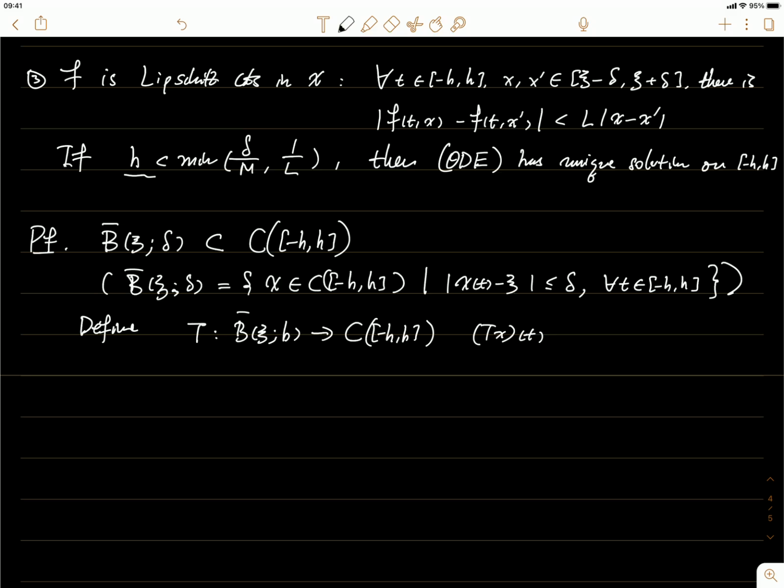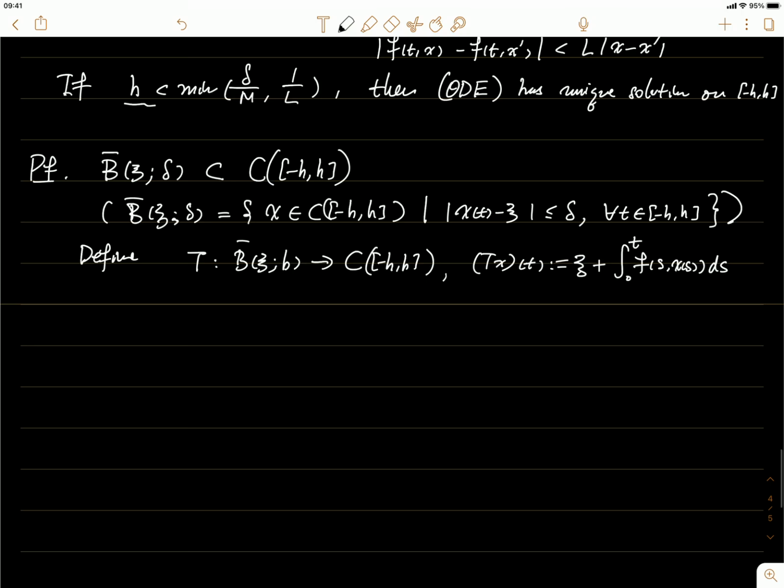For every point t, the definition is c plus the integration of f(s, x(s)) ds. Okay, that's our definition for this function. And apparently this new function is going to be continuous in t. The reason is that this is the integration of a continuous function, so it must be continuous, and this is a constant, so it must be continuous. So it has to be in here.